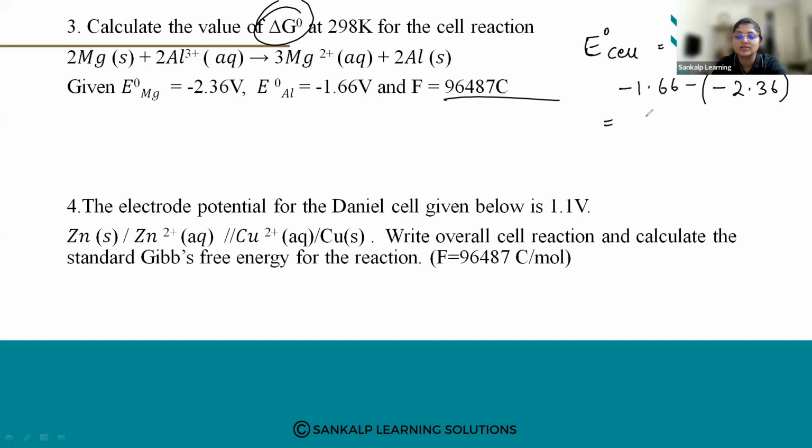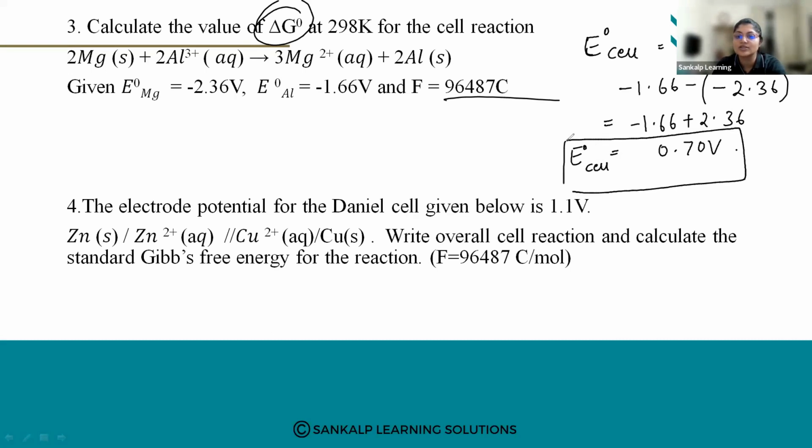What is the answer? It comes to minus 1.66 plus 2.36, around 0.70 volts. Are you getting the same? So this is the E naught of the cell of this particular reaction.